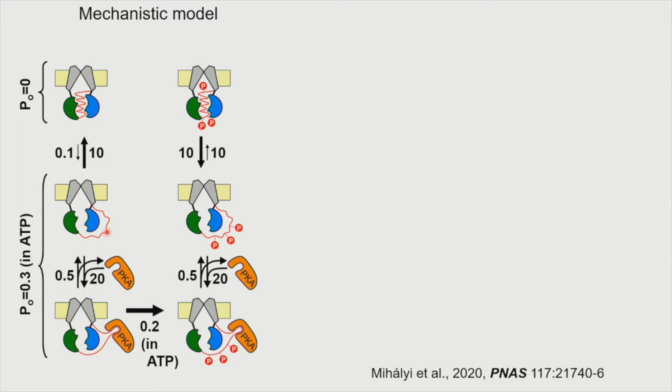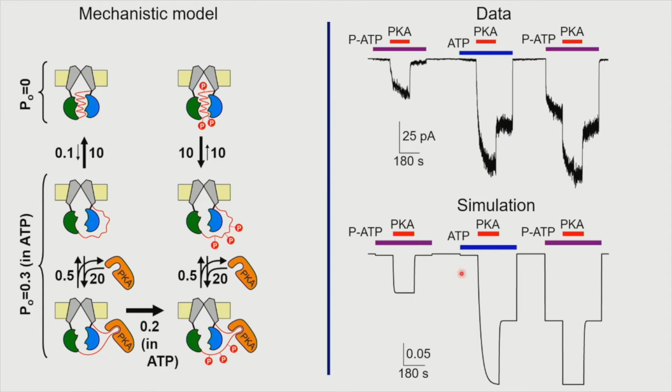Regardless of whether the R domain is phosphorylated or not, PKA binding can further shift this R domain conformational equilibrium towards released by binding the R domain and preventing it from returning into the wedged-in position. And this simplified model can quite well describe even such complex experimental time courses that I've shown you before.